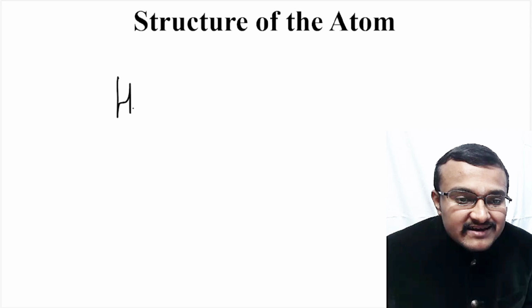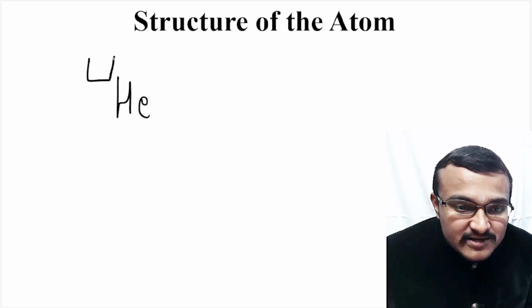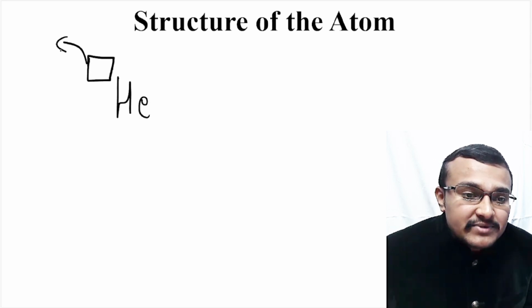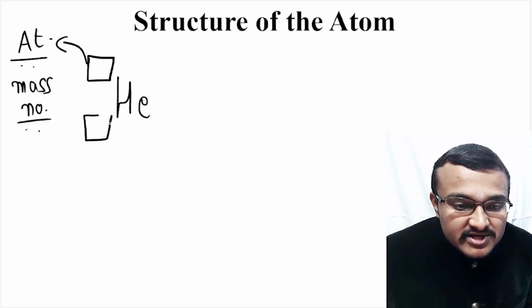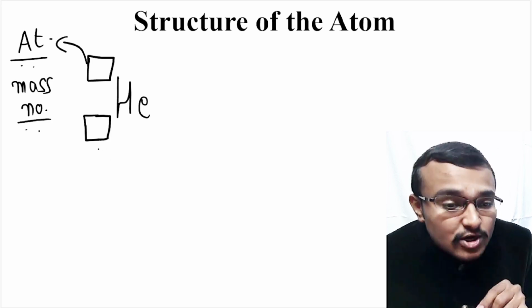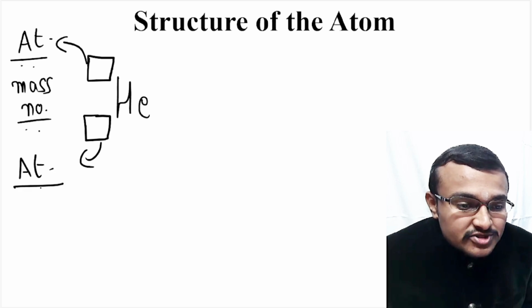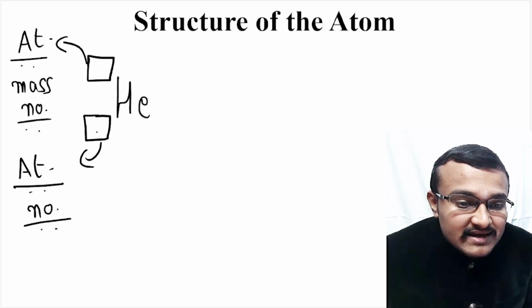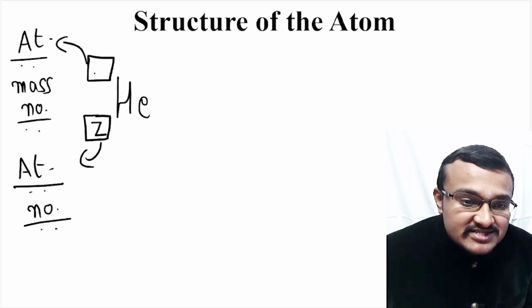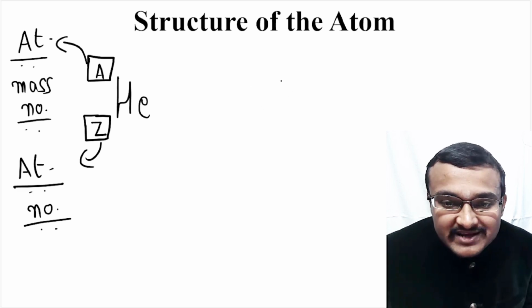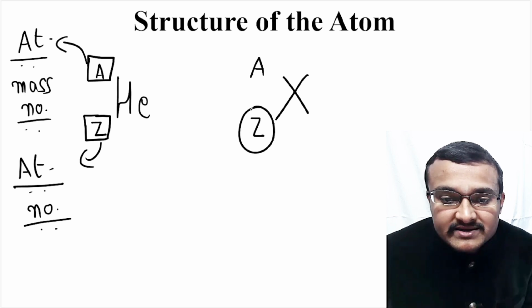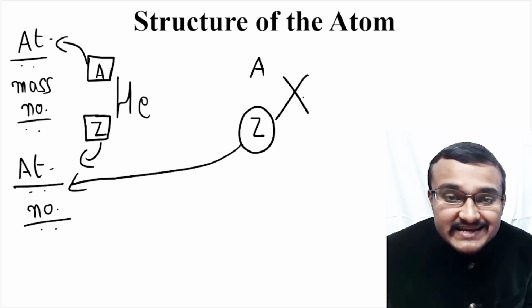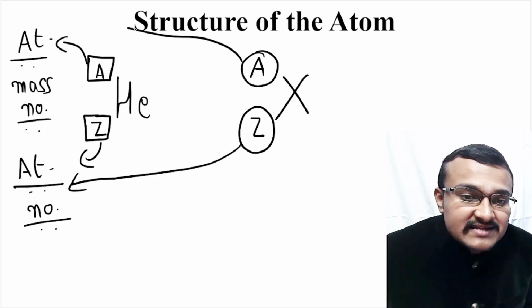Now if I write a number at this particular position of an element, that represents the atomic mass number. When I was explaining atomic number, I told you that a number written at this other position is the atomic number. The atomic number is denoted by Z, and the atomic mass number is denoted by A. So for an element X, if I write A over here and Z over here, Z determines the atomic number of X, and A determines the atomic mass number.